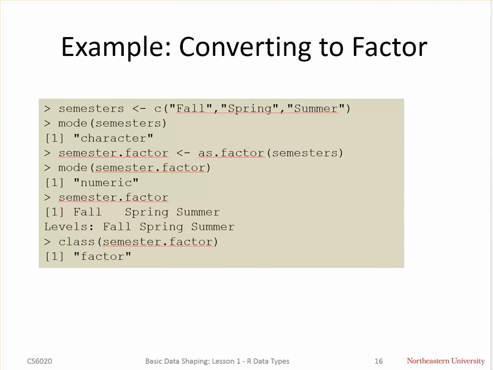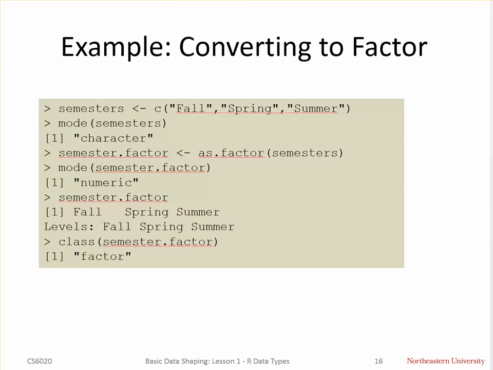So I'm passing semesters to as.factor, which converts my vector of strings into a factor object. Now if I say mode of semester.factor, I get back numeric. That's because internally it's actually stored as numbers, which is the reason why the storage of factors is a lot more efficient than the storage of simple strings.